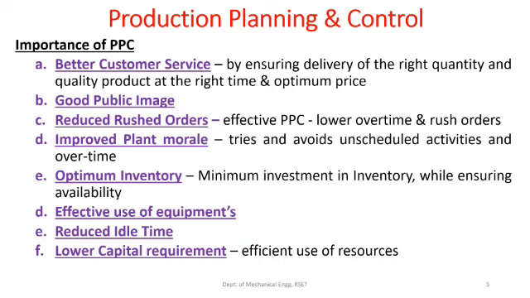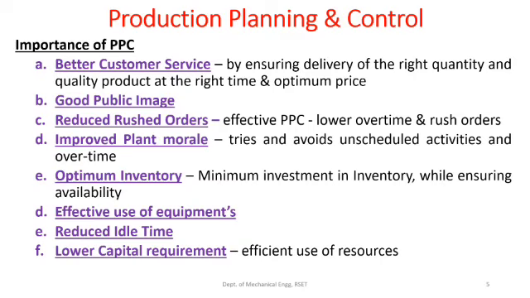Production planning and control plans the production activity and controls it so as to ensure that the right quantity and the right quality of products are produced at the right cost and in the given delivery schedule. So this helps you serve the customer better. Better customer service can be provided by ensuring that the production planning and control function is working properly. So that is one of the importances of PPC.